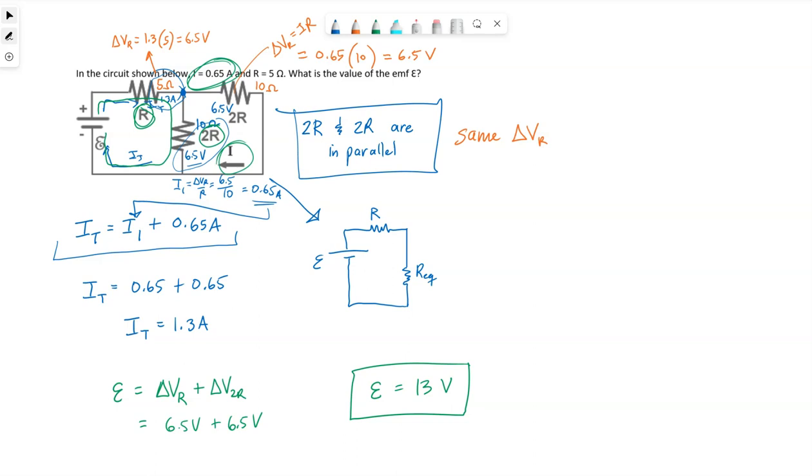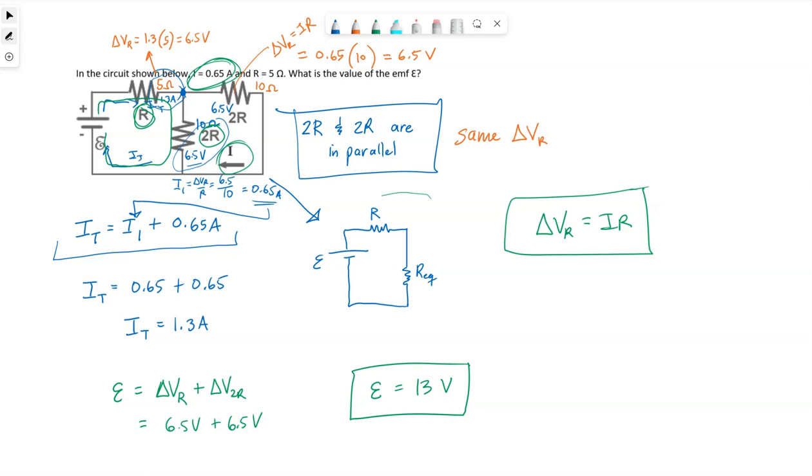So we end up seeing problems that are similar to the capacitor problems that we had in series and parallel, and needing to use conceptually what has to be the same in series, what has to be the same in parallel, and then using the same equation over and over again for each individual resistor.